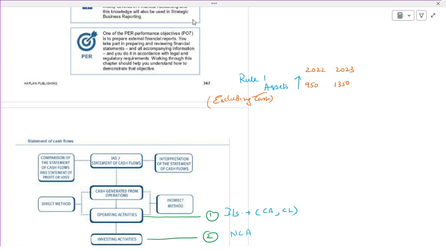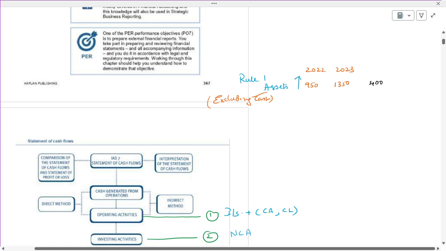The difference is 400. When the asset increases, what happens to cash? Decreasing.